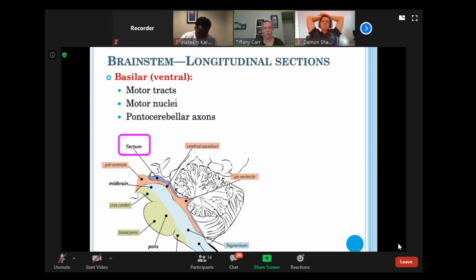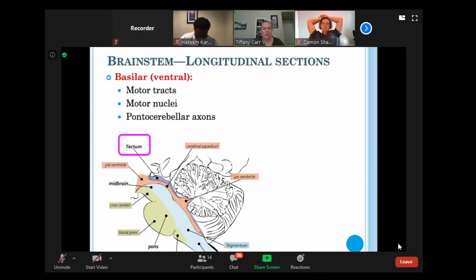The cerebral aqueduct of Sylvius. You have the tegmentum. So the tectum is all the way posterior. Tegmentum is kind of more medial in the, I thought there was another name for that, the anterior portion.